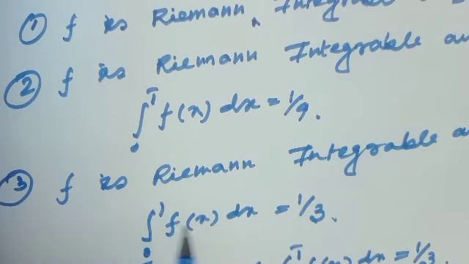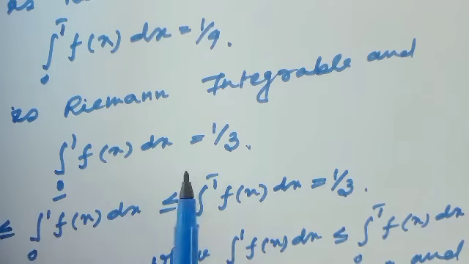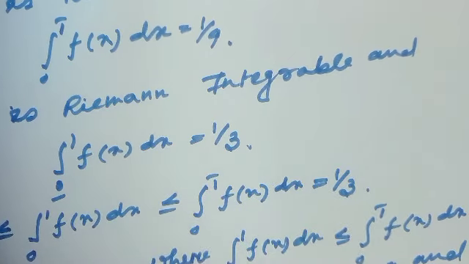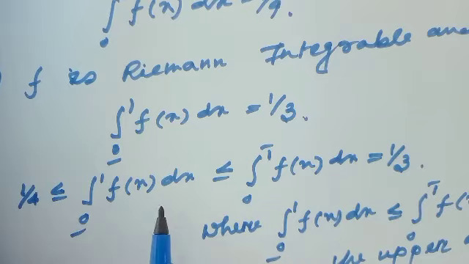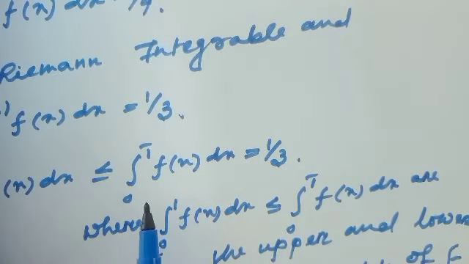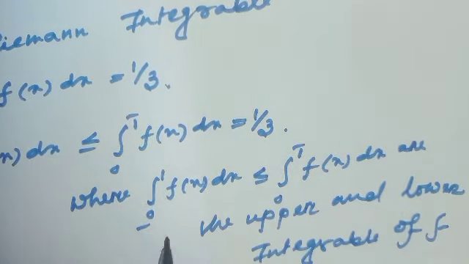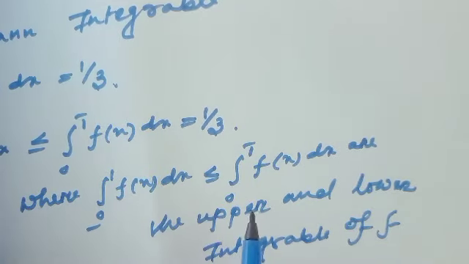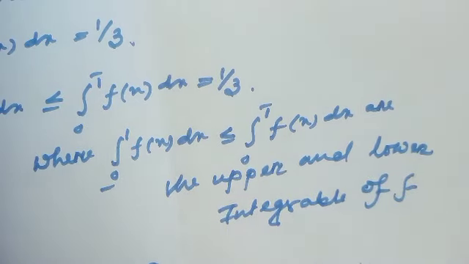Option 3, f is Riemann integrable and lower Riemann integration is equal to 1/3. And option 4, 1/4 is less than or equal to the integration 0 bar to 1 of fx dx, which is less than or equal to the integration 0 to 1 bar of fx dx, which is equal to 1/3. Where the integration 0 bar to 1 of fx dx less than or equal to the integration 0 to 1 bar of fx dx are the lower and upper integrals of the function f.